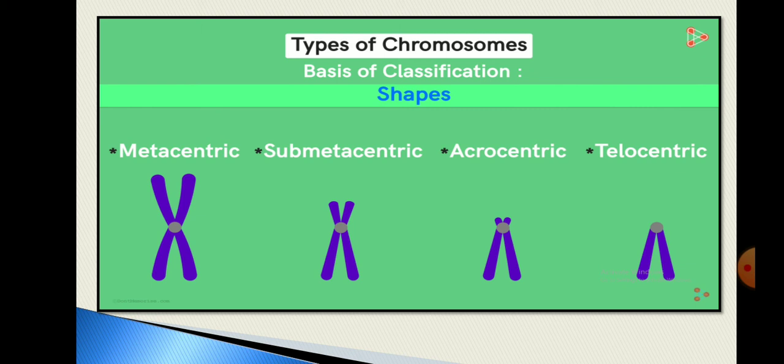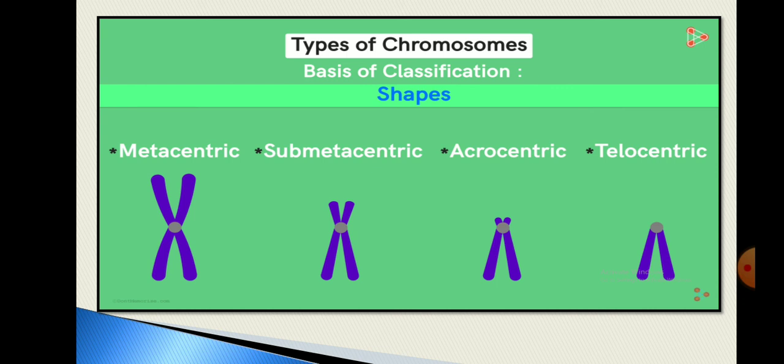Next is submetacentric. Here we see in this diagram that the centromere is slightly displaced from the middle point or central point. This type of location of the centromere leads to the formation of unequal arms.